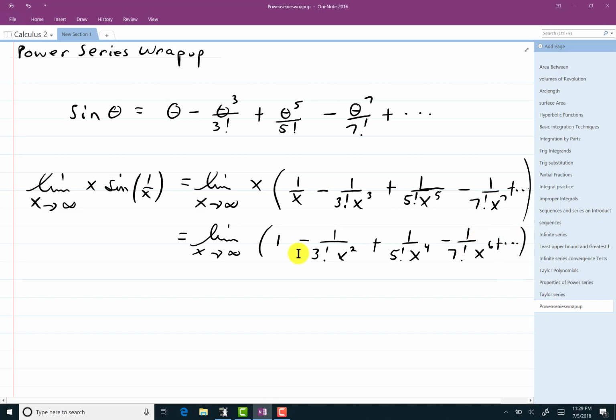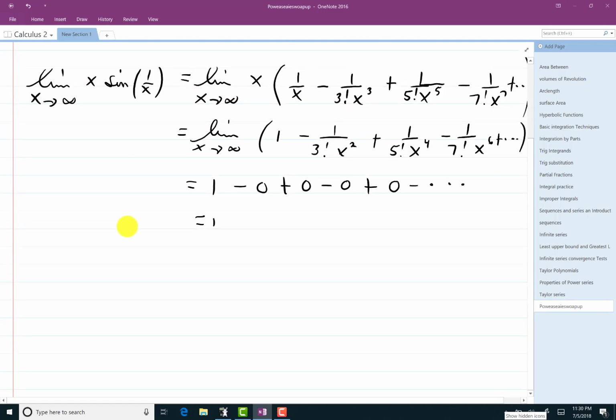Well, as you let x go to infinity, 1 is unaffected by that stuff. However, since x is in the denominator of each of these, each piece is going to 0. I'll just put this so it mimics the series. And you trust that this series converges because, in fact it doesn't matter as long as x doesn't actually equal 0, since this series is defined for all real numbers. And it ends up equaling 1.